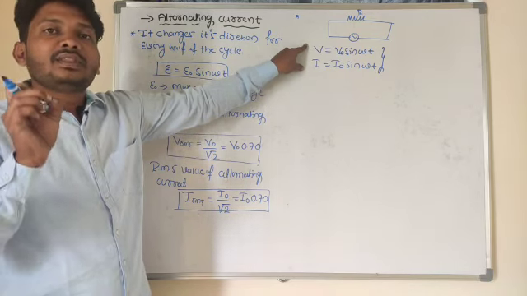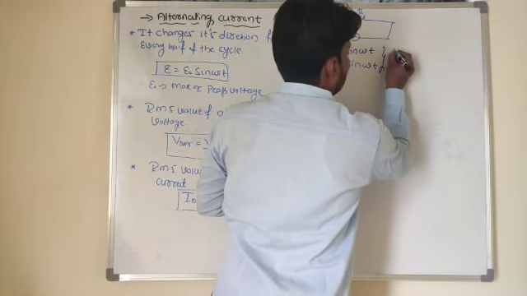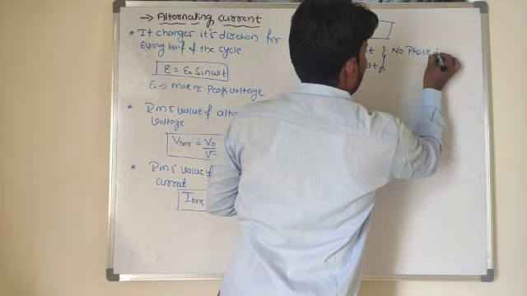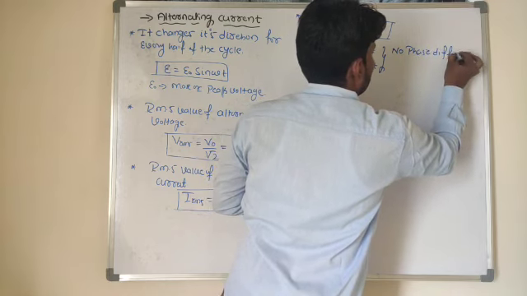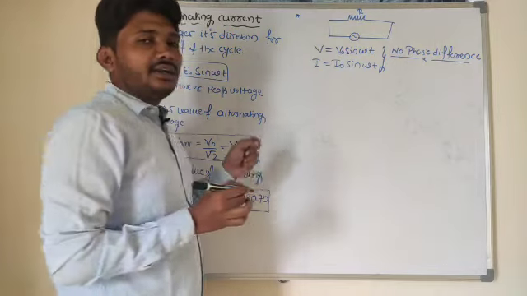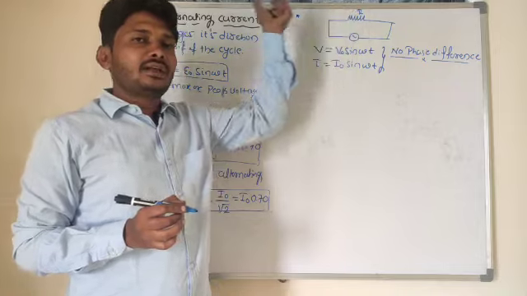So there is no phase difference between current and voltage when alternating voltage is applied to a resistor.